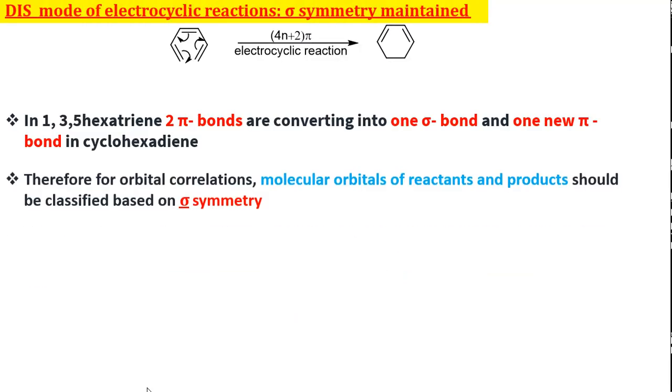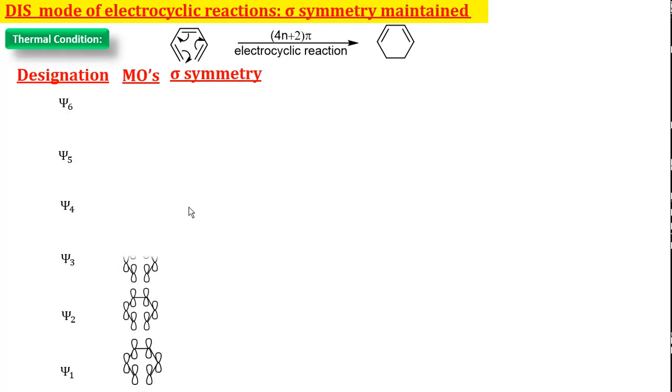Therefore we have to classify the molecular orbitals with respect to sigma symmetry. I am not explaining the molecular orbitals again because it is highly complicated. So these are the molecular orbitals of 1,3-butadiene.